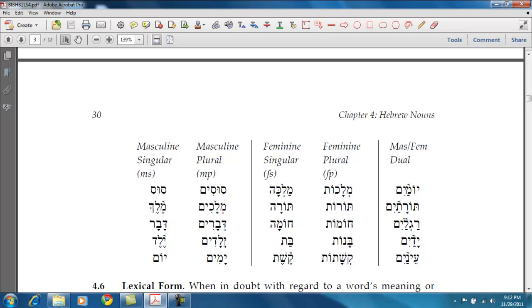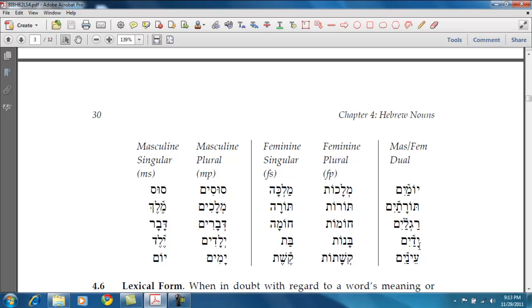And then we have the feminine singular here for daughter, bat, and then banot, which is a change here. It's kind of a radical change in the consonants here. We'll go into those in a little bit.